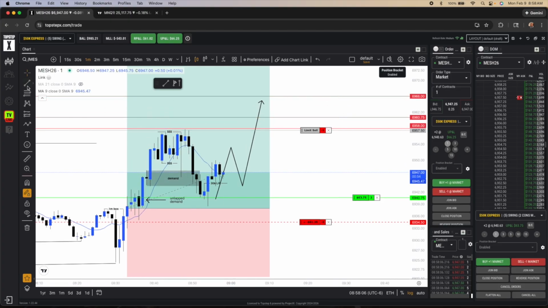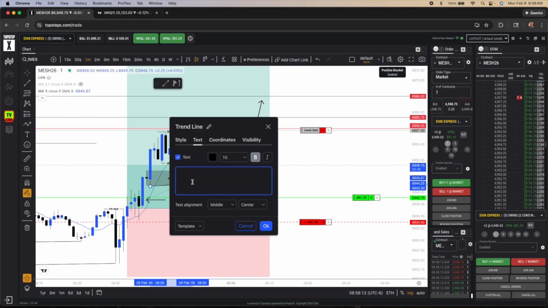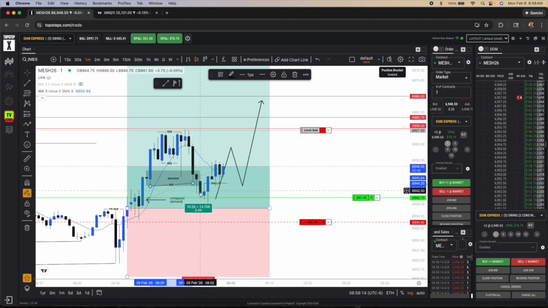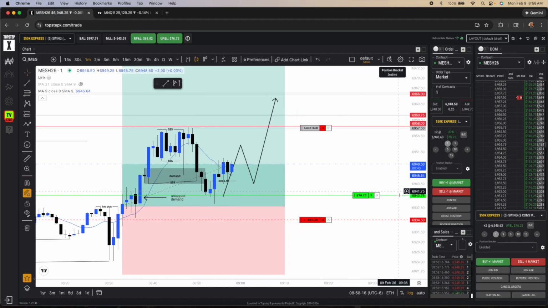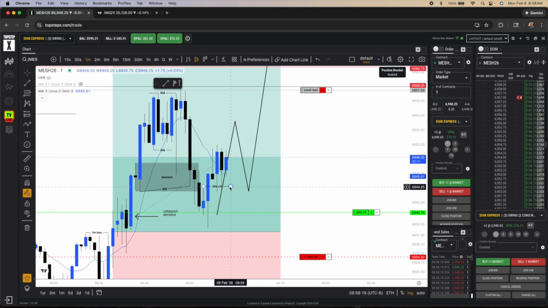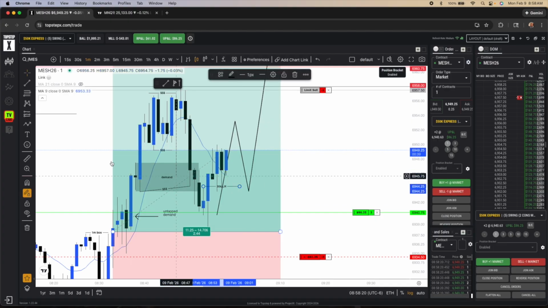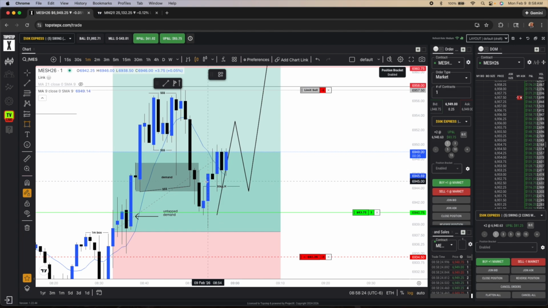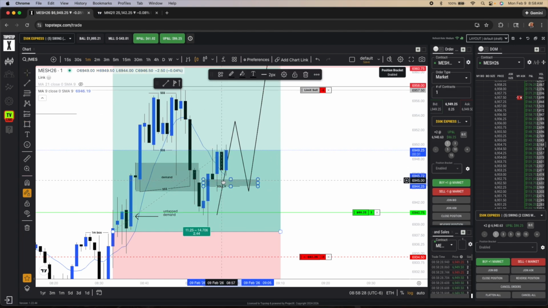But this is liquidity inside of here now that price seems to be taking. And then we have some imbalance inside of here on the 1 minute that we can justify the sweep and the continuation towards the upside.